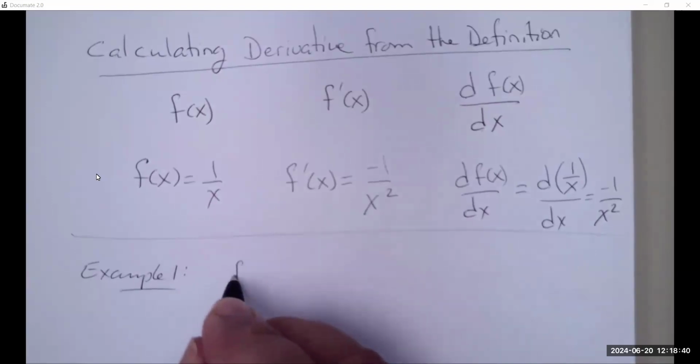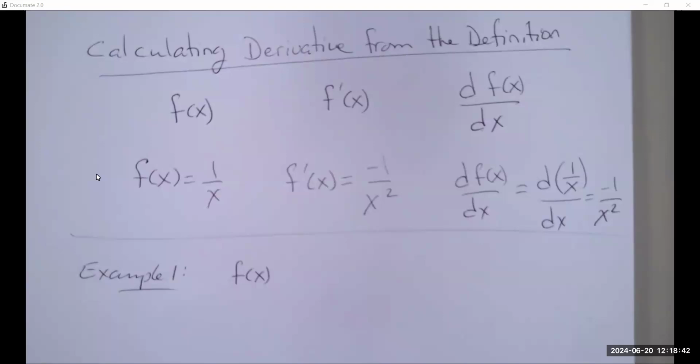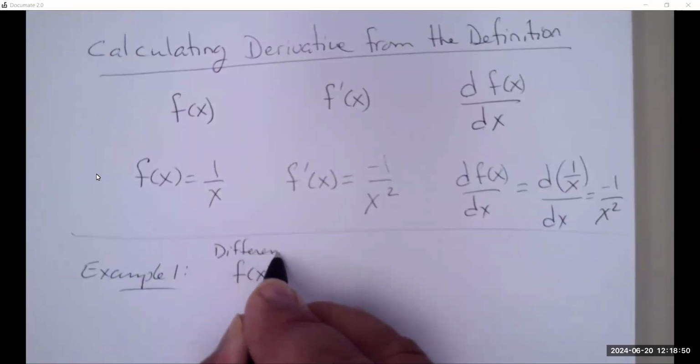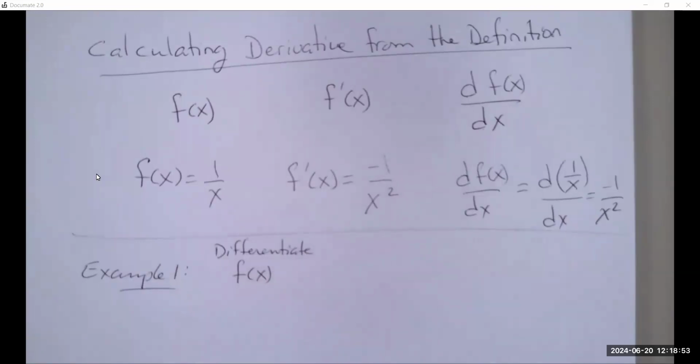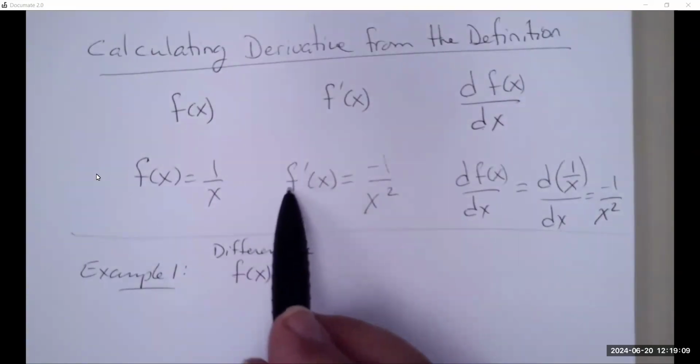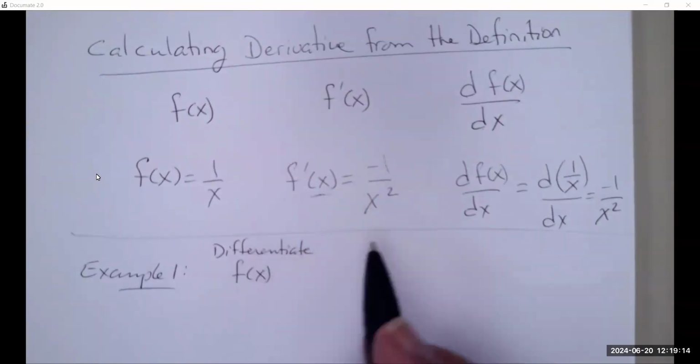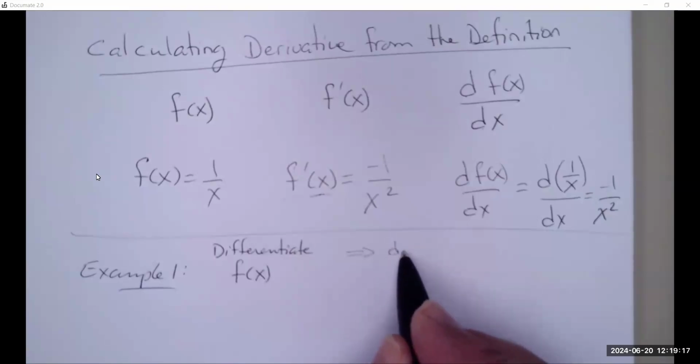Example 1. Differentiate. Well, again, when we hear the word differentiate, what does that mean? What does differentiable mean? Differentiable means we could take a derivative of it. So if I say differentiate, that means I'm saying find the derivative.